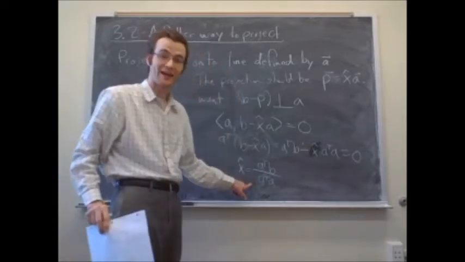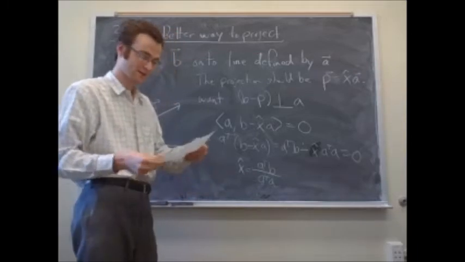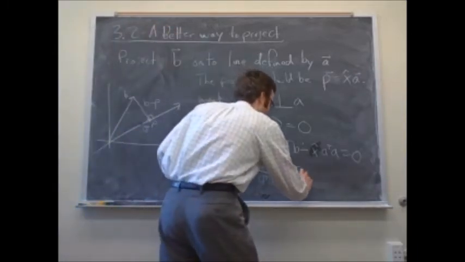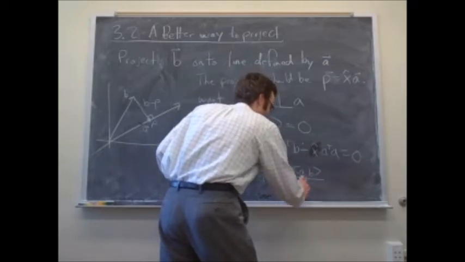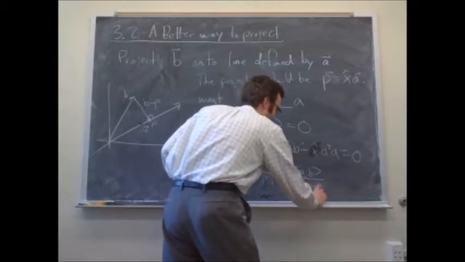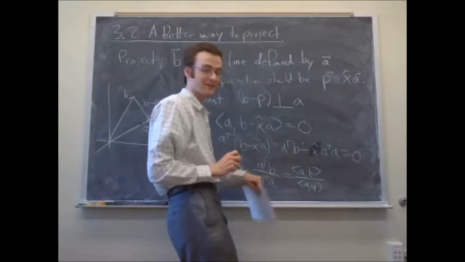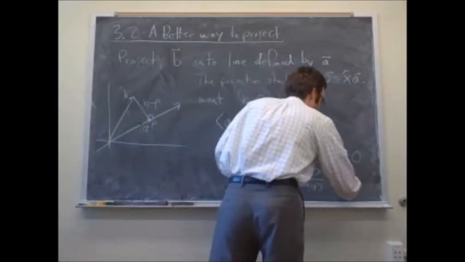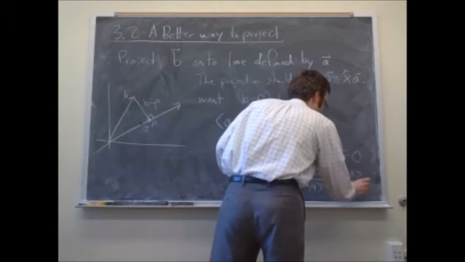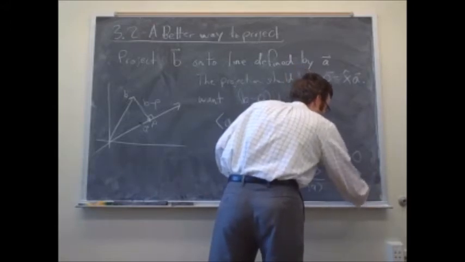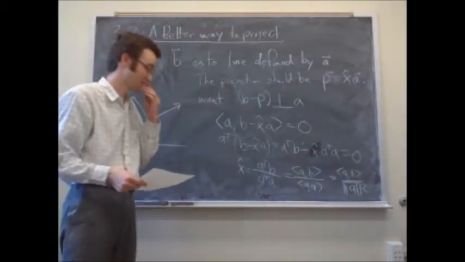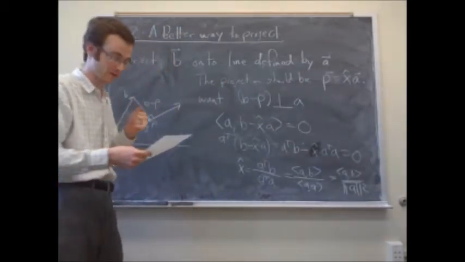Remember, A transpose A is just the inner product. So we could rewrite this as inner product of A with B over inner product of A with itself. But A with itself is the norm squared. So this is just the inner product of A and B divided by the norm of A squared. And that's exactly, so this is the formula for the length.